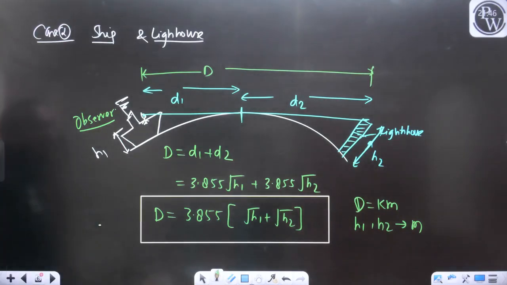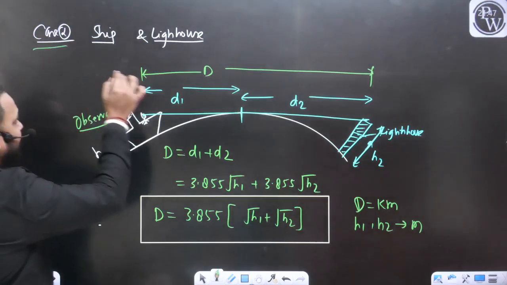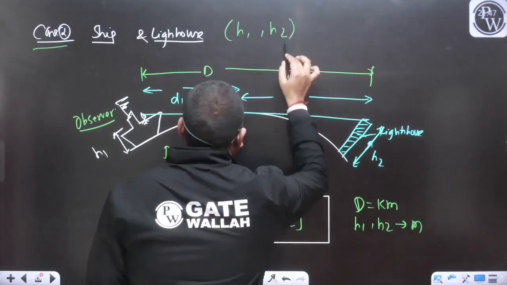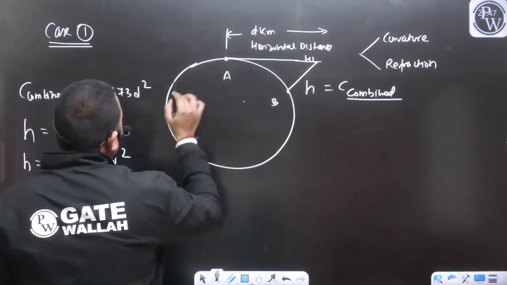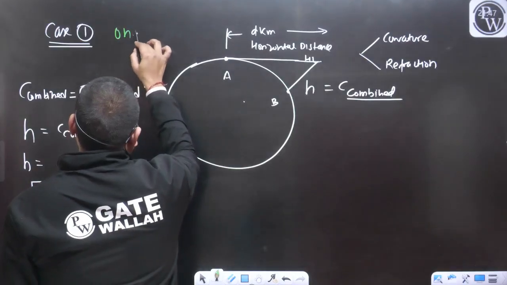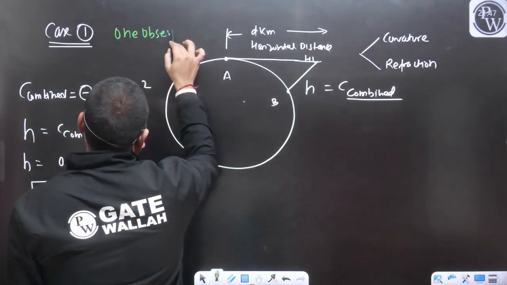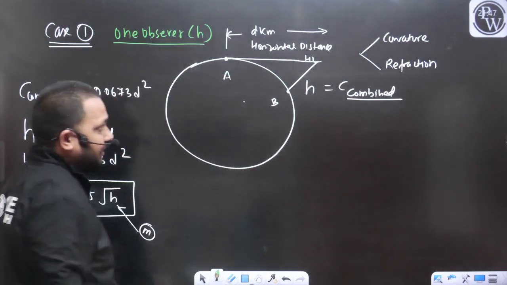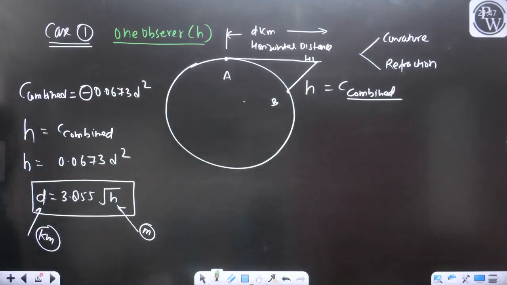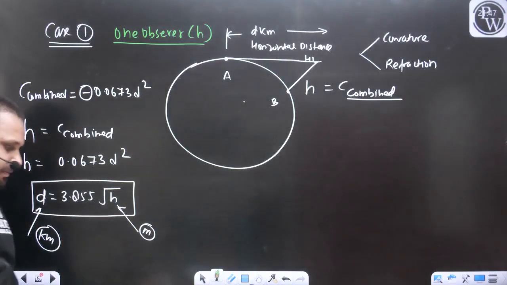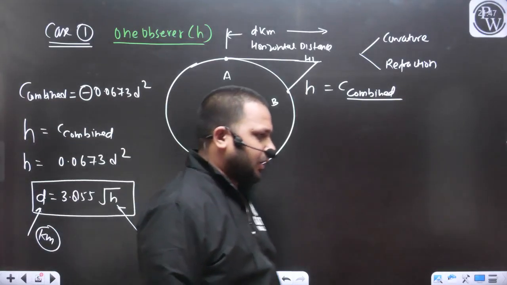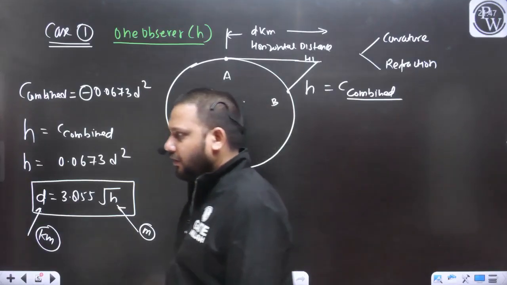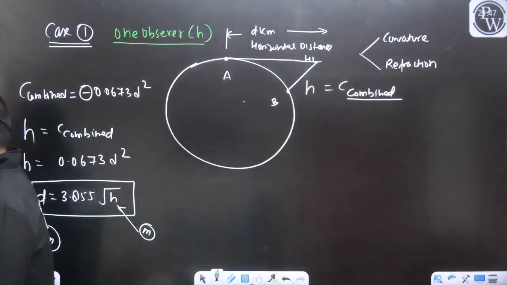So this is case 2, when two observers are there having the heights h1 and h2. In the previous case, only one observer was there, having the height h. So first, everyone please confirm: the discussion till now is clear to everyone. Please confirm in the chat box.